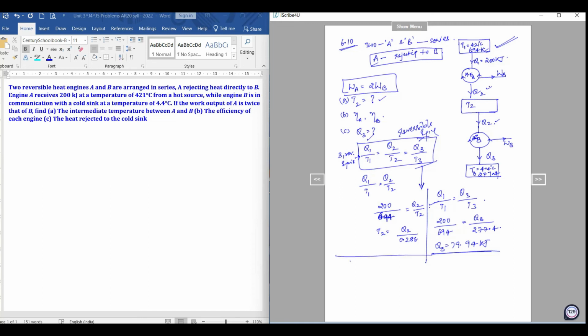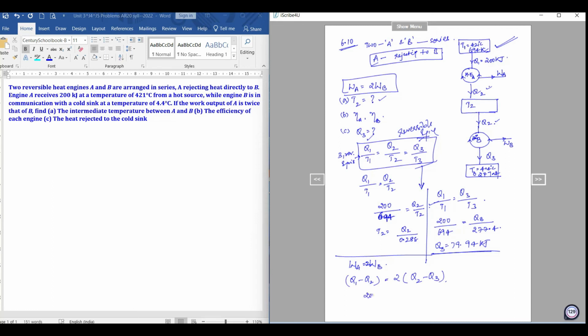So the condition given is W of A equal to 2 times the W of B. So I can write Q1 minus Q2 will be equal to 2 times Q2 minus Q3.